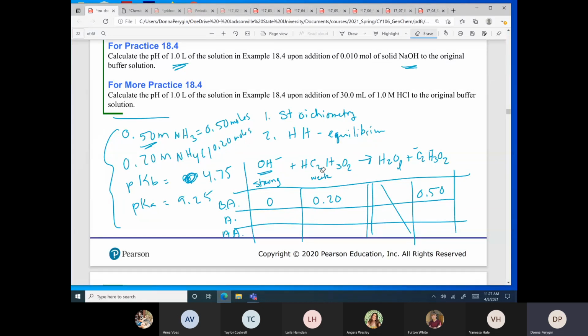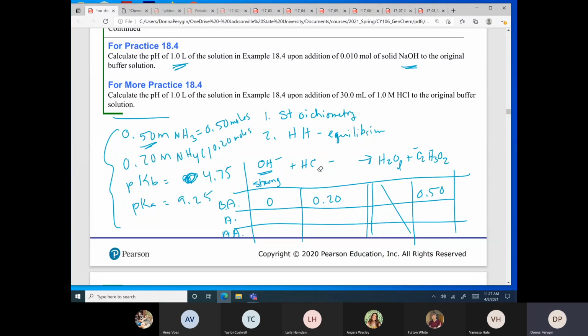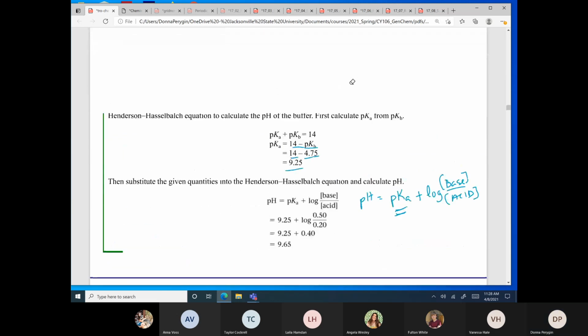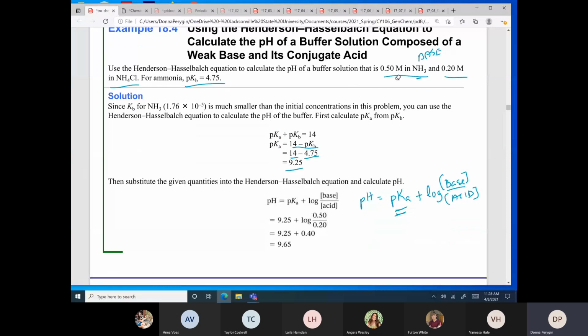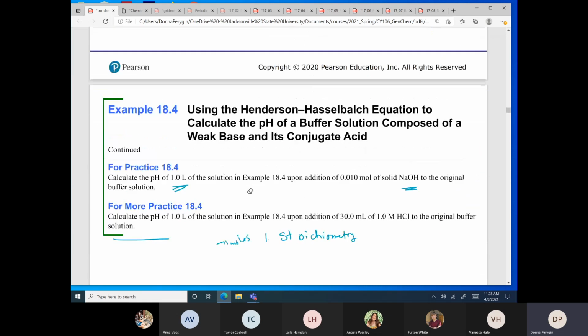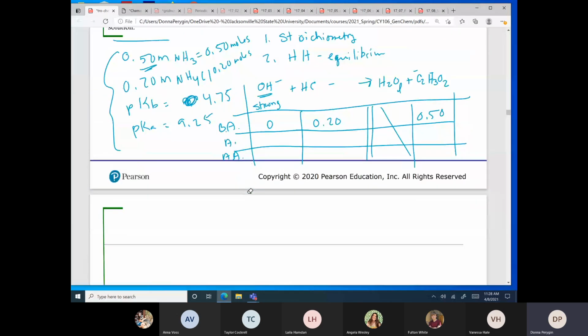That's not supposed to be acetic acid. Wait a minute, that would be ammonia. Example 18.4: upon the addition of 0.10 moles of solid sodium hydroxide. 18.4 is ammonia and ammonium chloride, so there must be some kind of error in here because it's telling me it's supposed to be acetic acid.